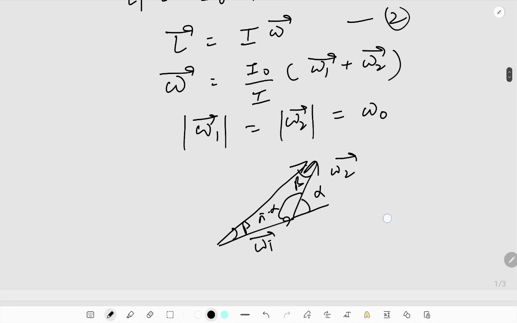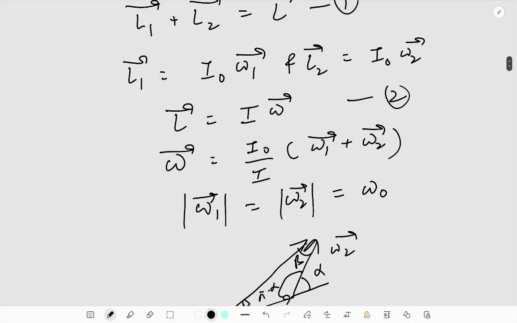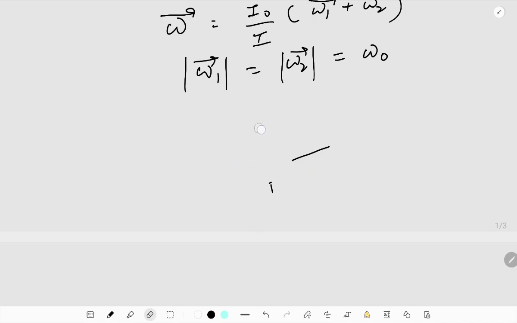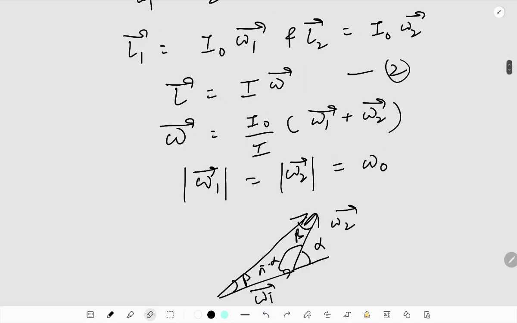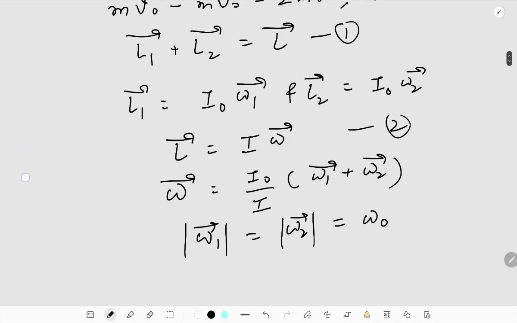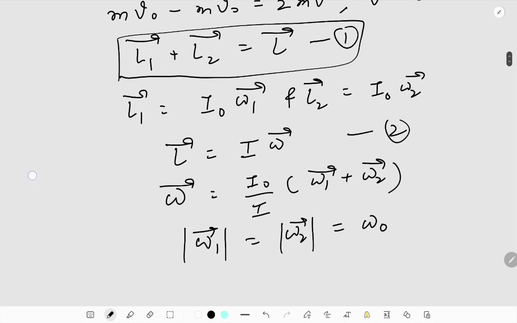But I should have made a mistake here, because there was nothing about omega that was given in this problem. We had this relation, this was the original relation.